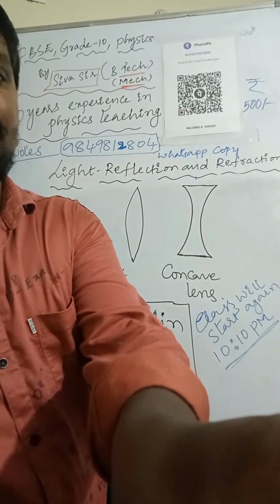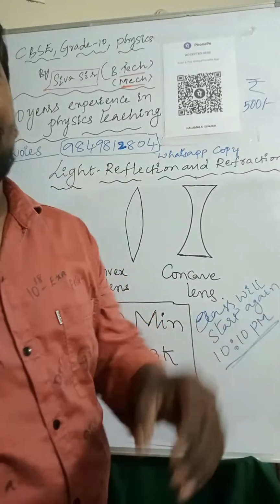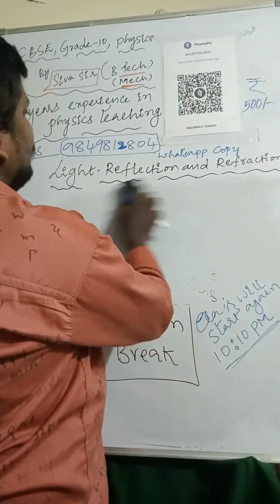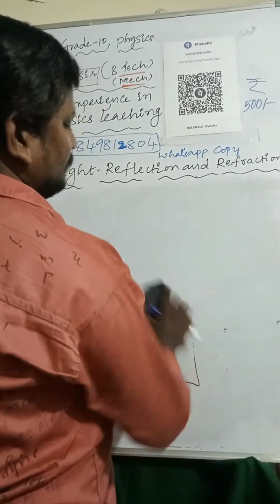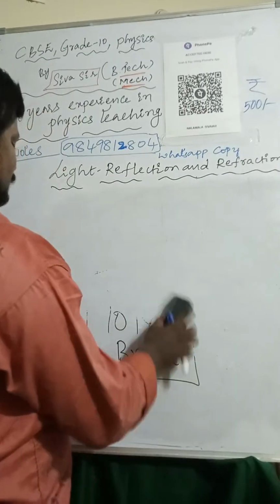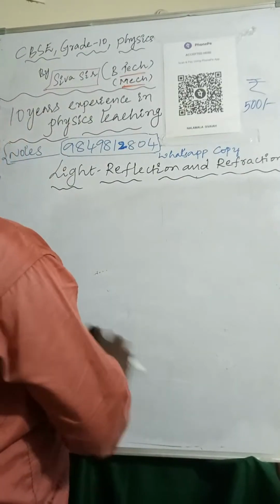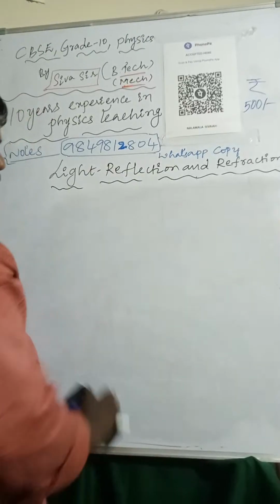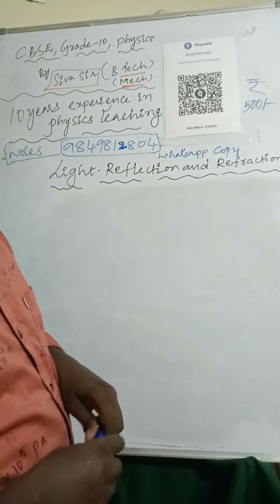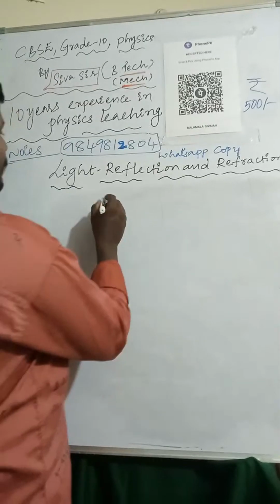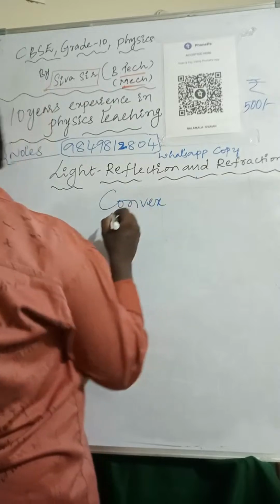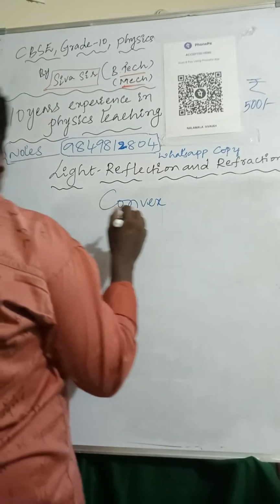Is it visible to you all? Sorry, convex lens, right? No one is saying anything, even though I'm saying lens, convex lens.